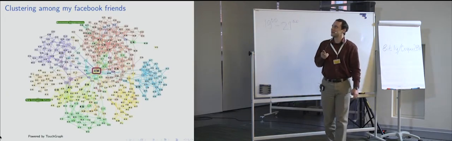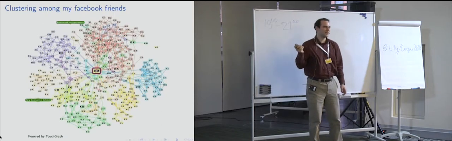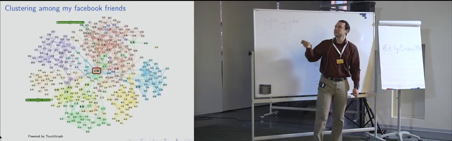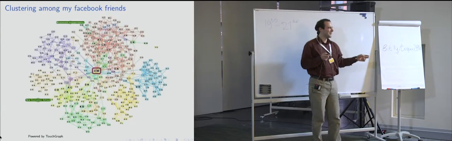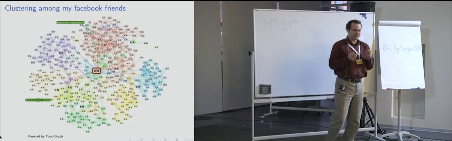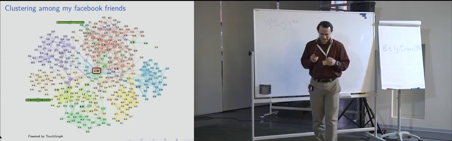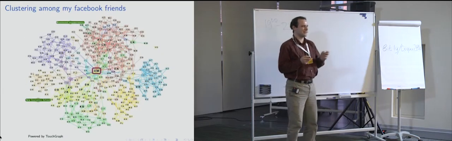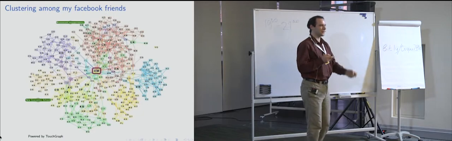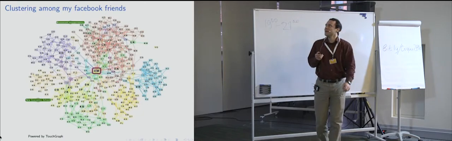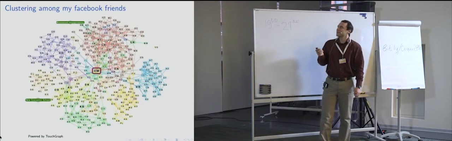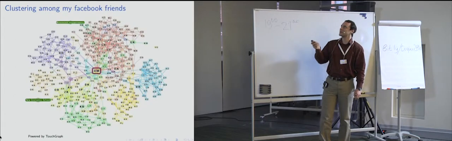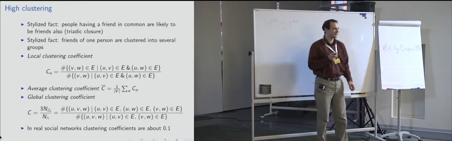And another property is that there are just many edges in this network. My friends often are friends with each other also. So this can be measured by the clustering coefficient.